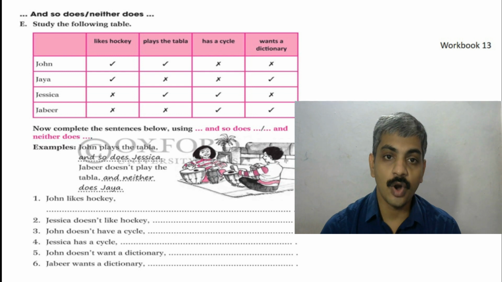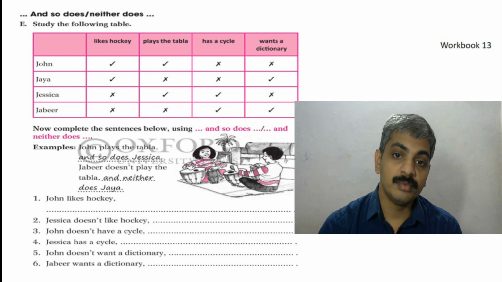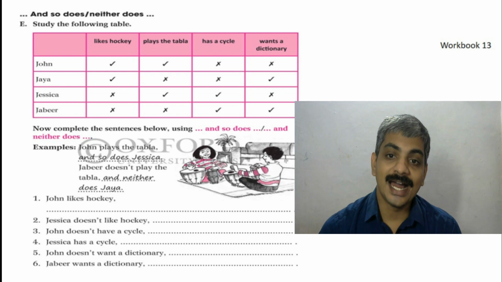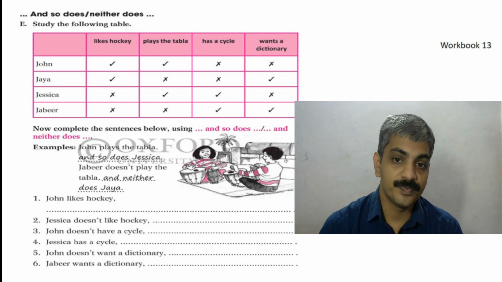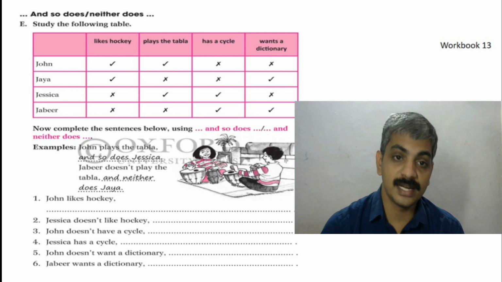Here: likes hockey, plays the tabla, has a cycle, wants a dictionary. So by understanding this table, we have to complete the sentences below using "and so does" and "neither does".